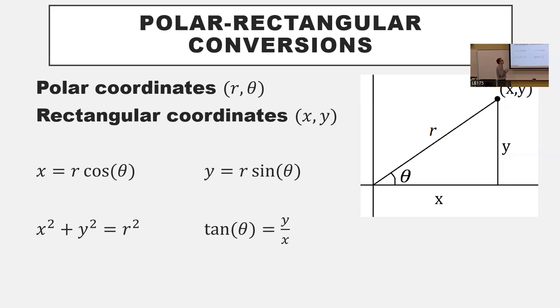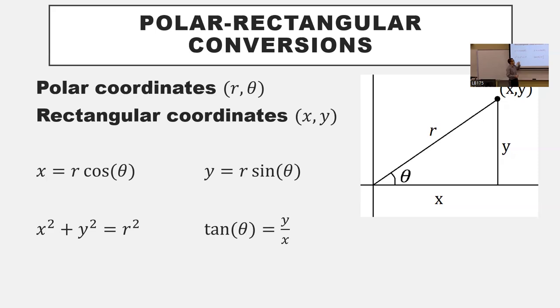So when we're converting back and forth between polar coordinates and rectangular coordinates, I have these four equations that I'll be using. If we're given polar coordinates, then I can just plug in the r and the theta into r cosine theta. That'll give me my x value.